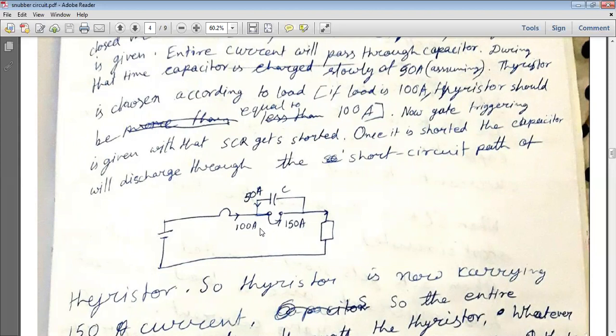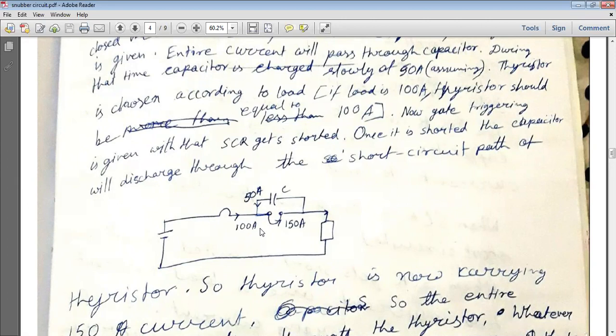Whatever the stored charges are in the capacitor, that flows through the thyristor. The SCR now will have more stress. It can carry 100 ampere and it is now carrying 150 ampere, so it is having more stress. The thyristor rating was 100 ampere and now it is carrying 150 ampere, so the SCR will get damaged.